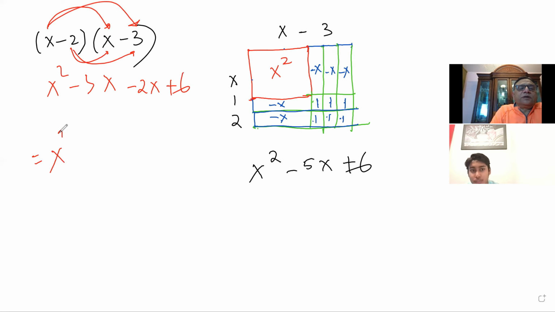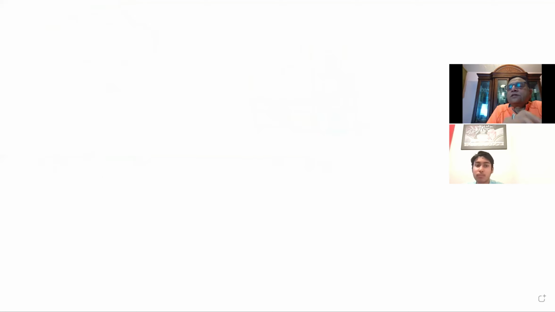So we get x squared minus 3x minus 2x. I should write this as minus 5x, correct? Yes. Good job.